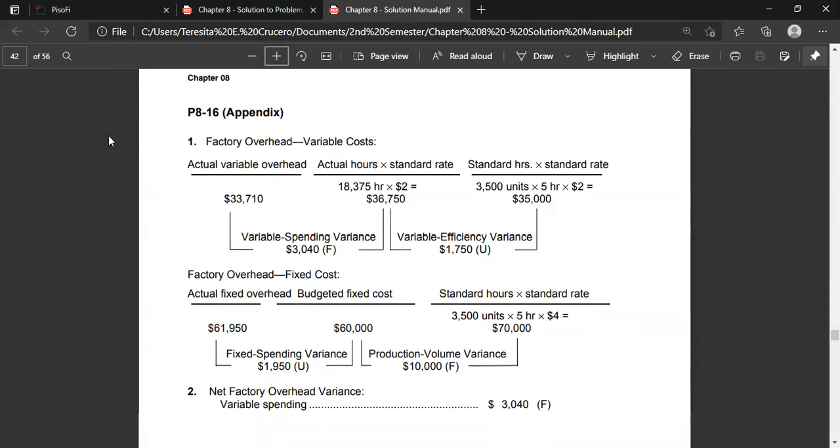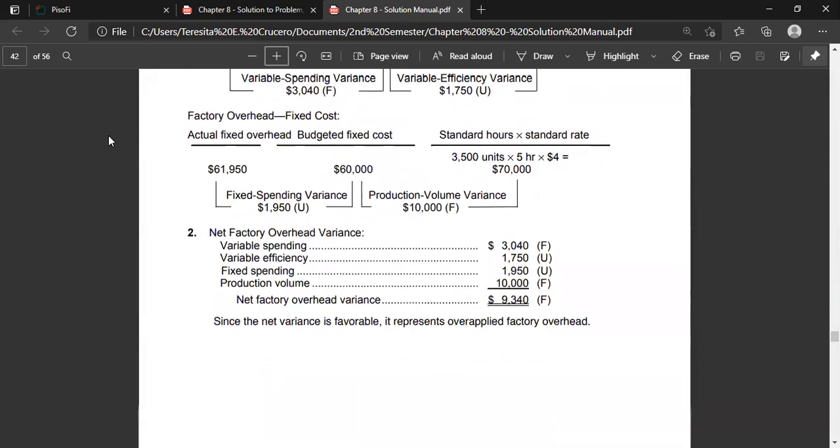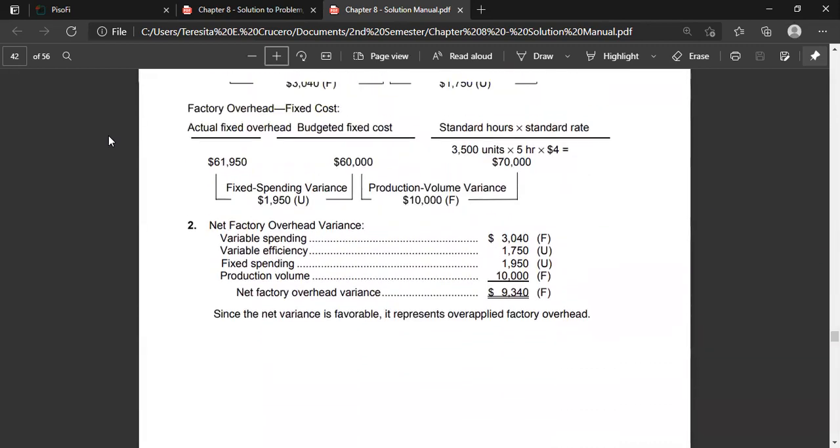Now, on the other hand, for the fixed factory overhead, we deduct the budgeted fixed cost from the actual fixed overhead. So first, we have 61,950 minus 60,000. That's the fixed overhead. So we now get 1,950 at the given level.